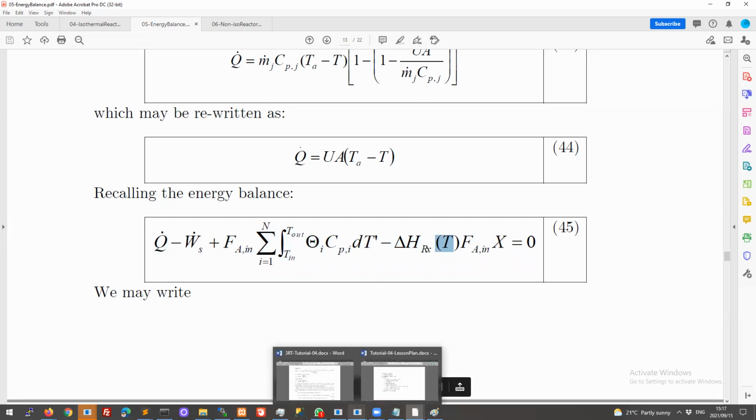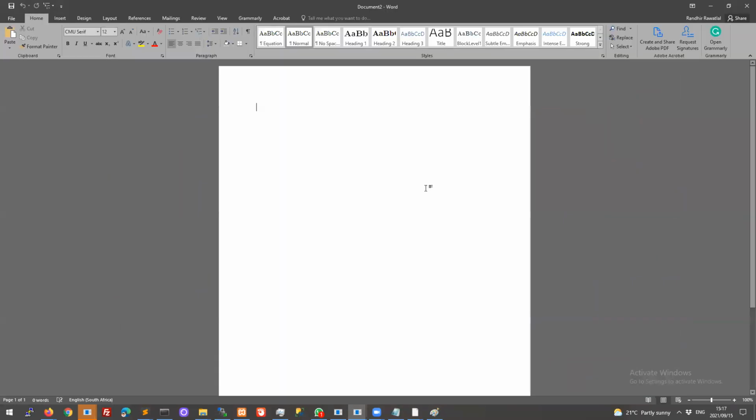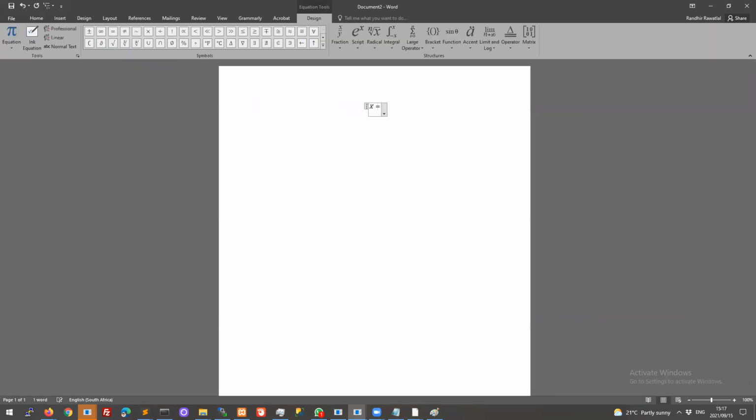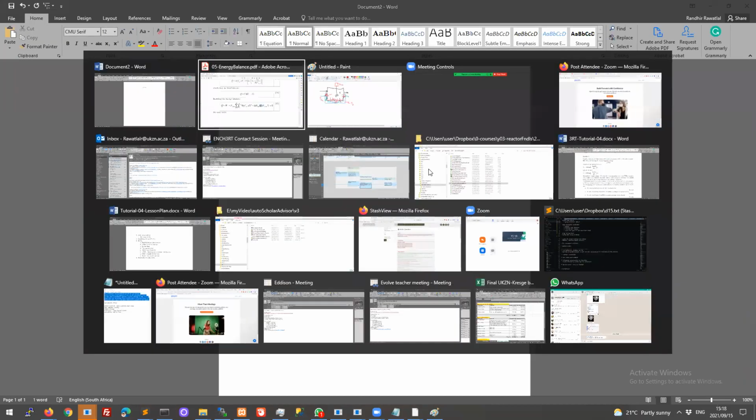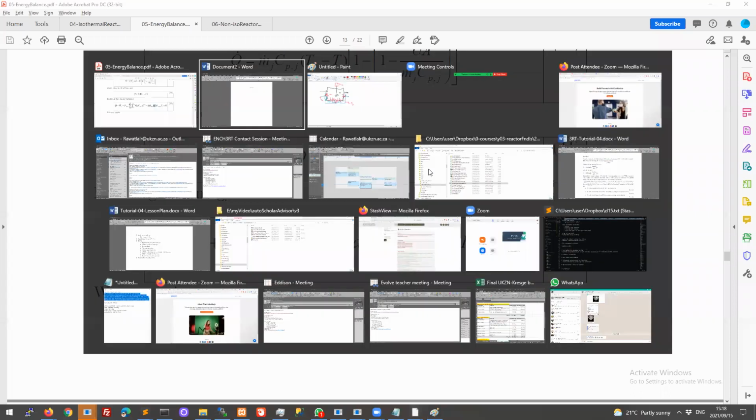Let's just write this. By the end of the day, the energy balance is giving us something like this: your conversion is a function of temperature. The other thing you can think about with this balance is that it's in effect a line.